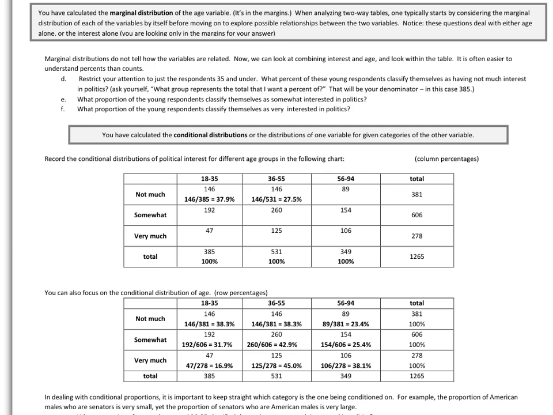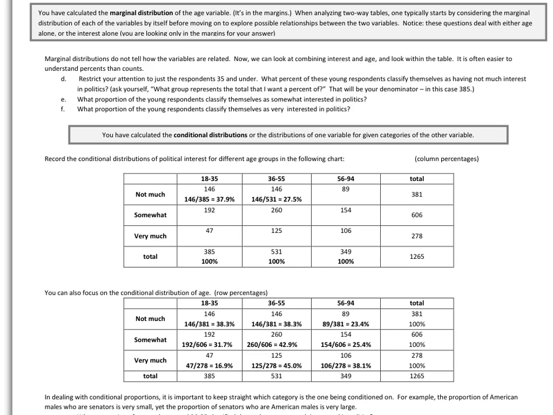Now we want to start to look inside the table. Restrict your attention to just the respondents that are 35 and under. What percent of these young respondents classify themselves as having not much interest in politics? What you want to ask yourself is, what group represents the total of what I want? That will be your denominator.